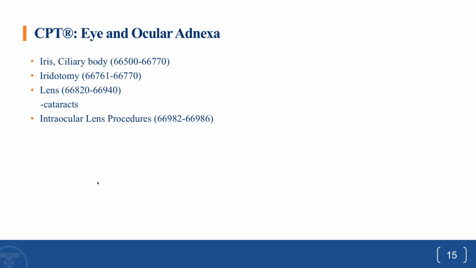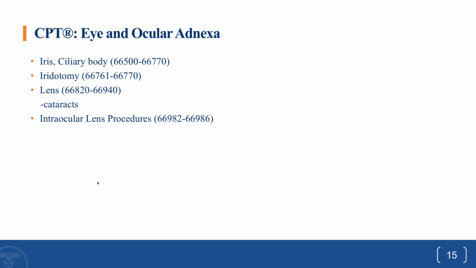And then you would just read the question to see what's involved, because you don't see irrigation and aspiration or phacoemulsification in your 66984. Wait, it does have irrigation, phaco.